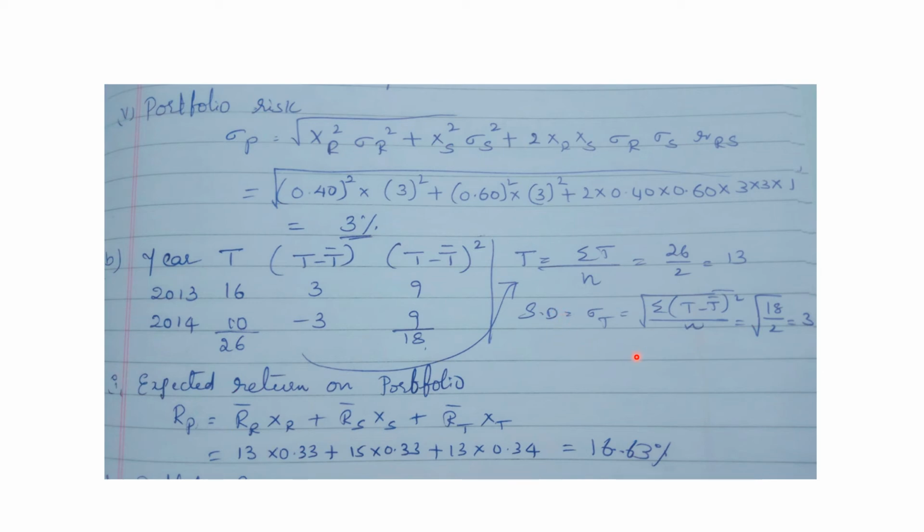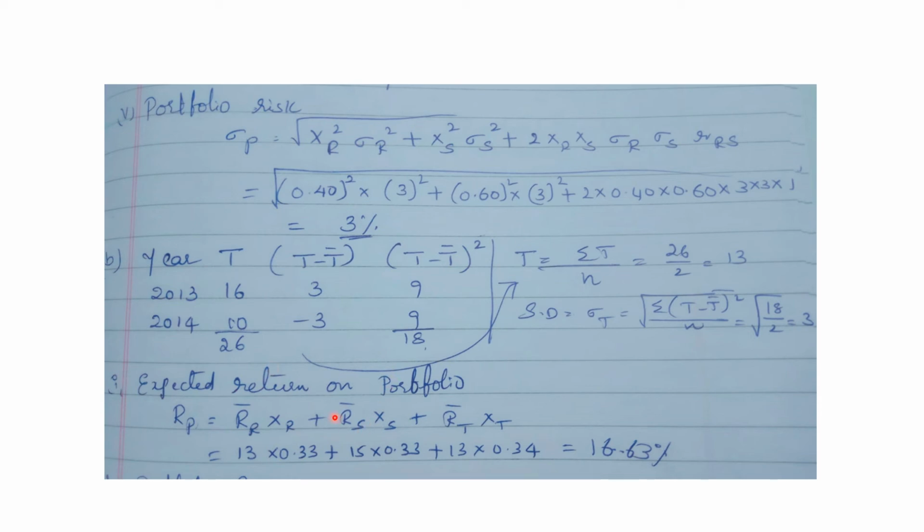Here find out the standard deviation also, because it is asked in the question. So you have to find out the risk also. So standard deviation, or sigma T, equals root of summation T minus T bar the whole square upon N, that comes to root of 18 by 2, that is equal to 3.